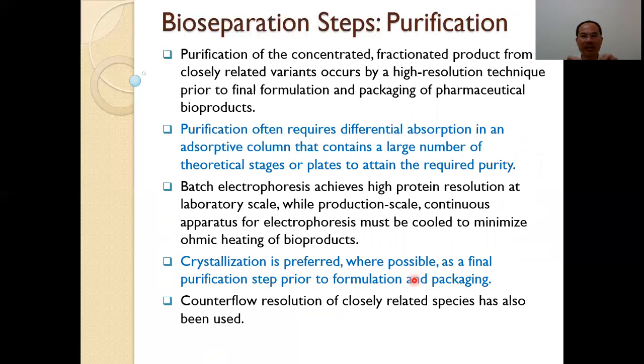This is the final step to get the purified product. Mostly purification requires different adsorption, maybe polarization, or electrophoresis techniques. We have a lot of techniques for purification, and we will study all of them in this class.